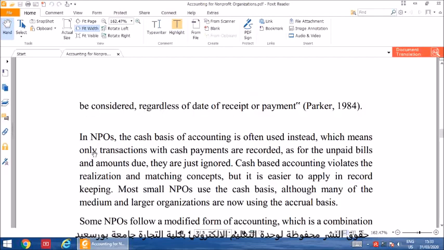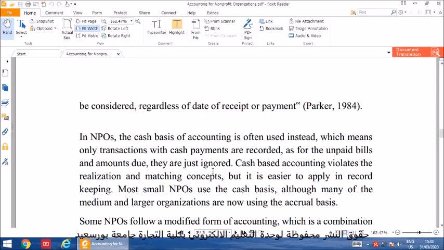In NPO, the cash basis of accounting is often used instead, which means only transactions with cash payments are recorded. As for the unpaid bills and amounts due, they are ignored.